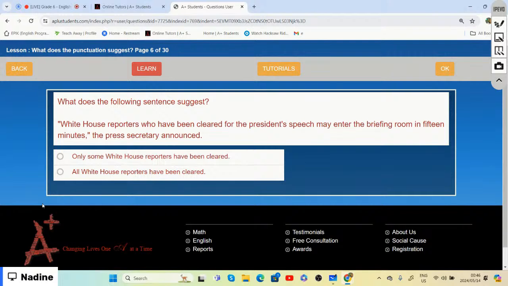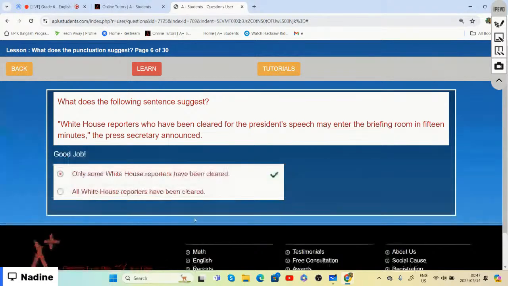It's like saying we are going on an excursion with the school, but only those who paid can go on the excursion. Does it mean that everybody's going on the excursion, or only the ones who paid? So it says the White House reporters who have been cleared, right? So that can indicate that maybe not everybody has been cleared. So it means that only some have been cleared.